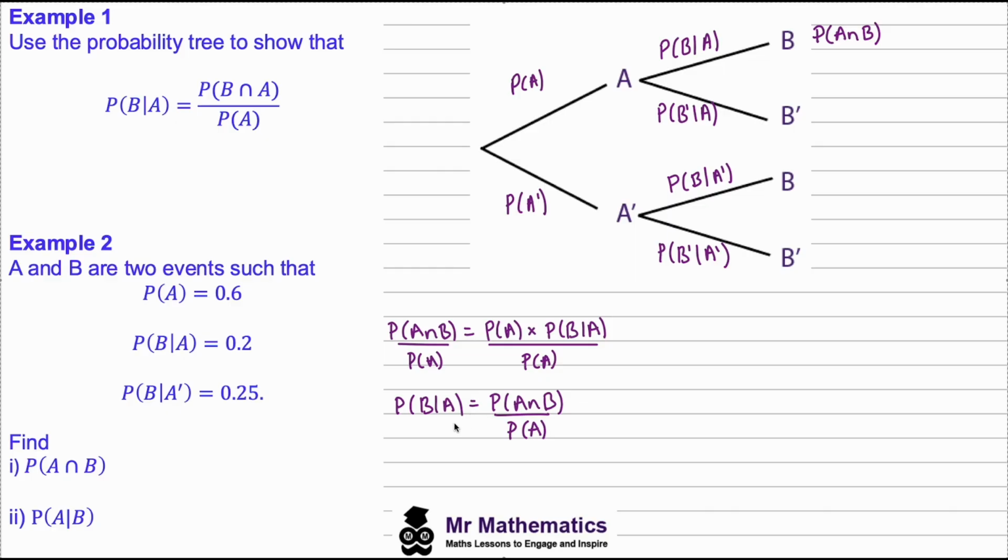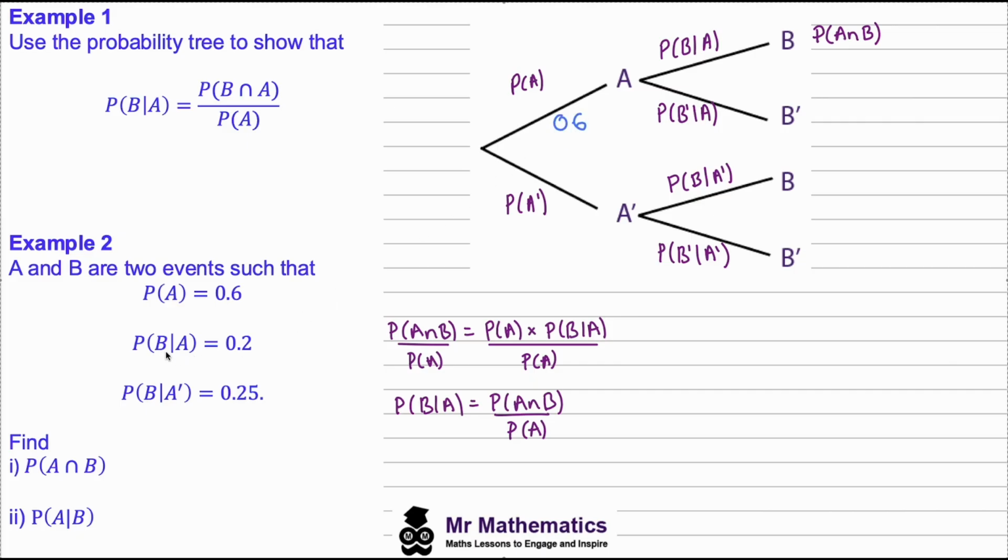Now, as we work through lots of examples, we need to think about it as B intersecting with A, or A intersecting with B, and they're both the same thing, divided by the probability of this second term. Okay? So if we look at example 2, now we're given that the probability of A is 0.6.